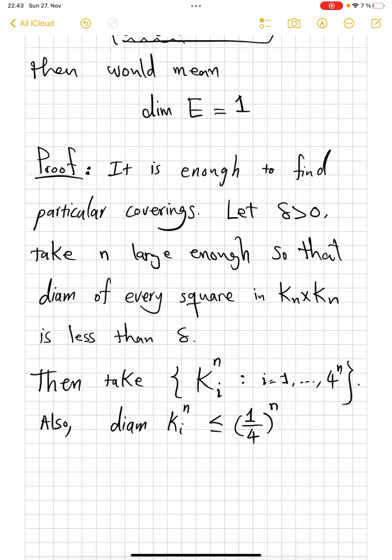But also diameter is like going diagonal in 2 dimensions, so maybe root 2. But let's be safe, root 22 maybe, the year we're in. Just to be safe, we only want an upper bound. And then we said that we want all of them to be less than delta.